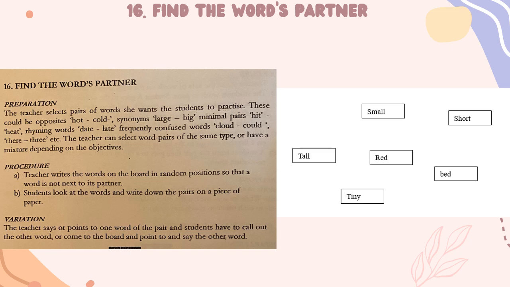As you can see in this example, students have to find the partner for the word tall, for example. In this case, they have to look around and try to find either the opposite of the word tall, the synonym of the word tall, or the word that has the same sound as the word tall. In our example, the partner for the word tall is the word short.